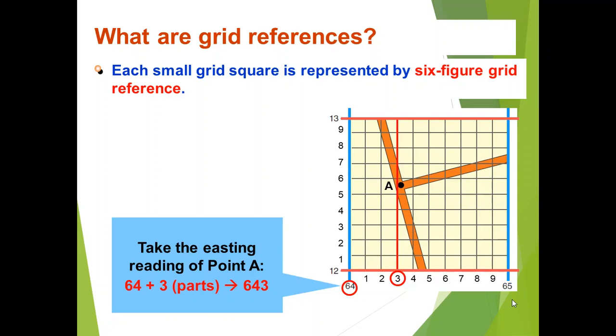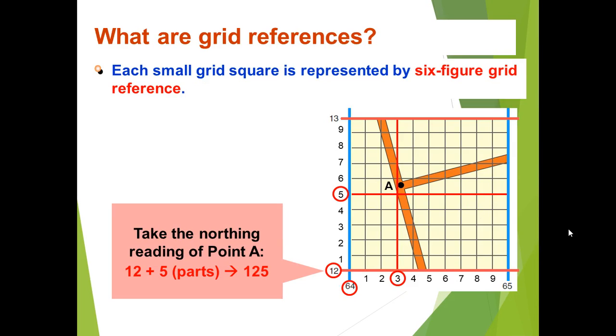As to northing, we do the same thing. Point A belongs to northing 12. If we further divide this area into 10 more line sections, we can see point A has passed the fifth section of northing 12, but hasn't reached the sixth section.